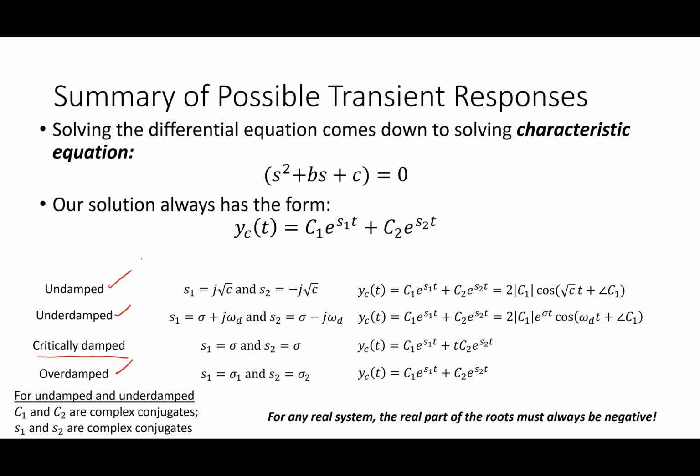Now, the undamped is where I have two purely imaginary roots. If I had two purely imaginary roots right here, I have an exponential. What does that mean? If S1 and S2 were both imaginary numbers, one of them would be j omega d, or the way I wrote this here would be j times the square root of c.